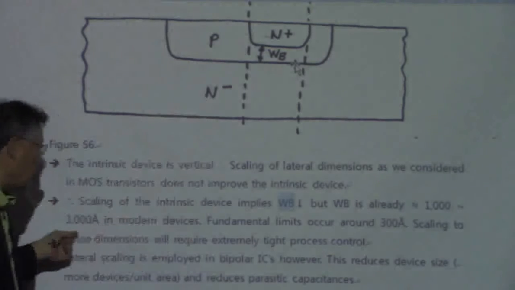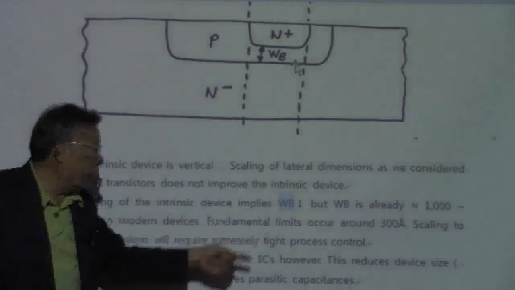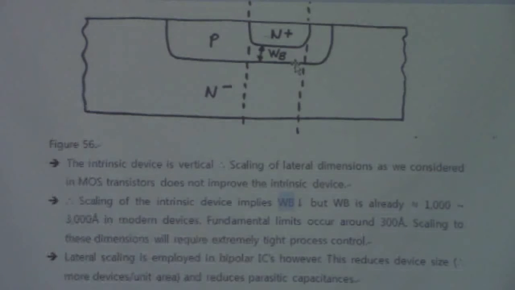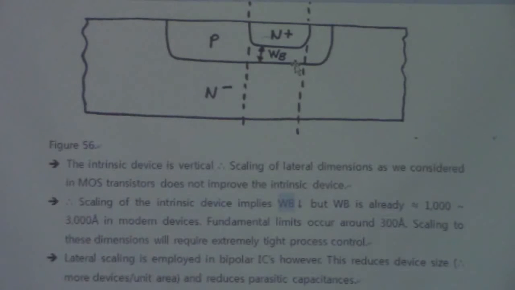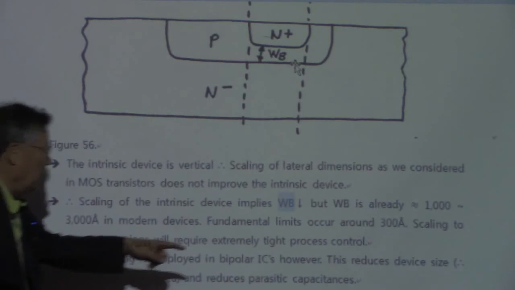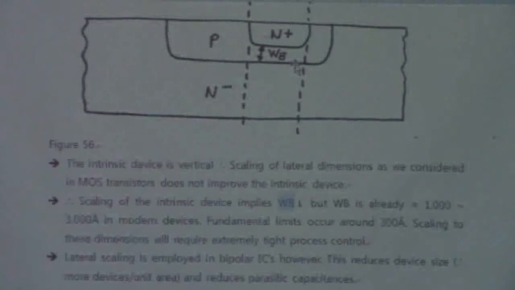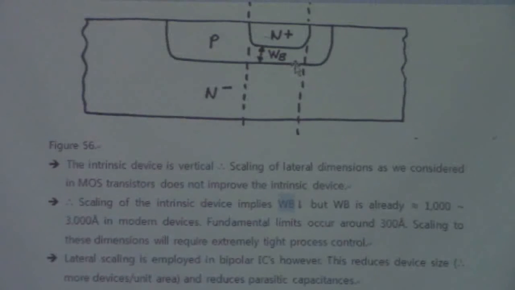Anyway, so already we have sub-micron base width. So fundamental limits occur around 300 angstrom. 300 angstrom is about 20 or 30 atoms in height. So this is a fundamental limit we can think of as a thickness control, right?